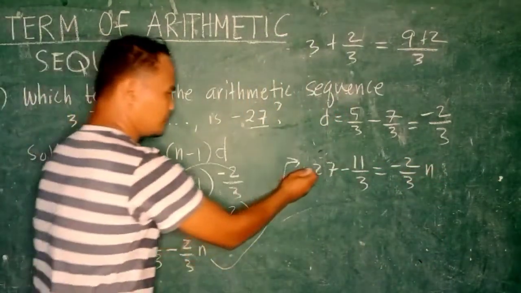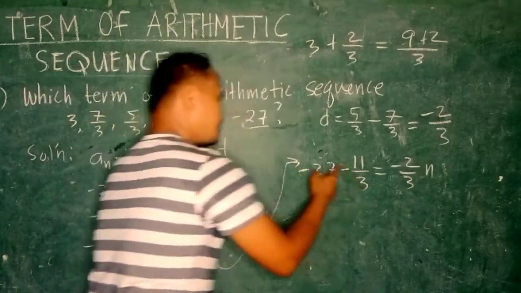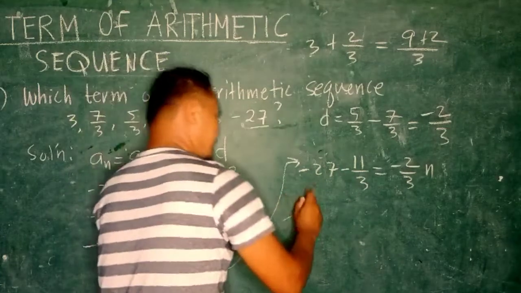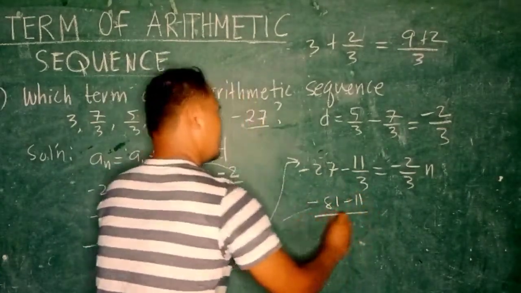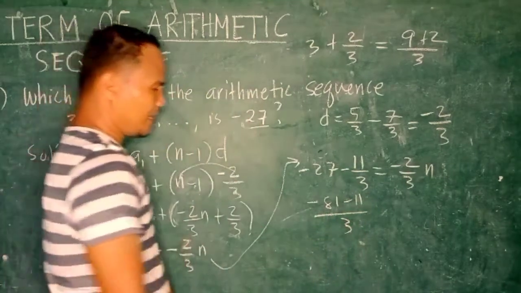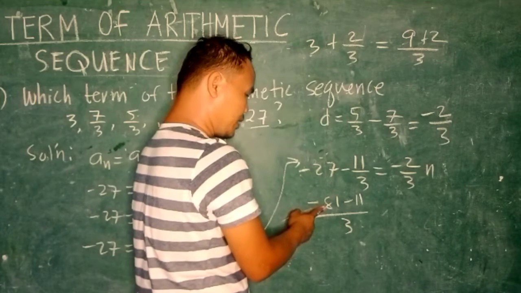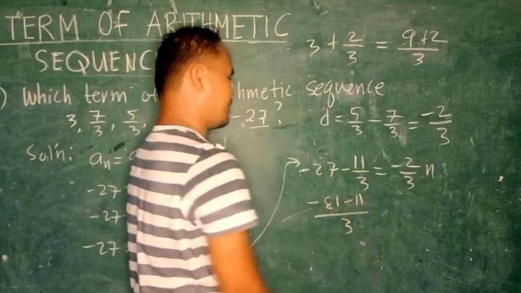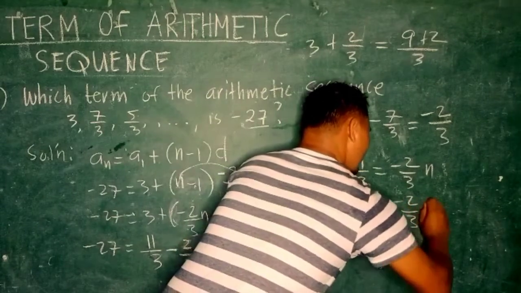So, karon, dili ni siya fraction, multiply na din siya nimo. 3 times negative 27, that's negative 81 minus 11 equals negative 2/3 n.